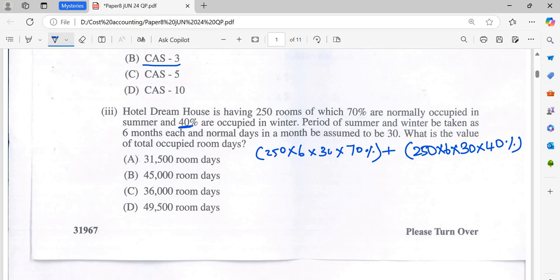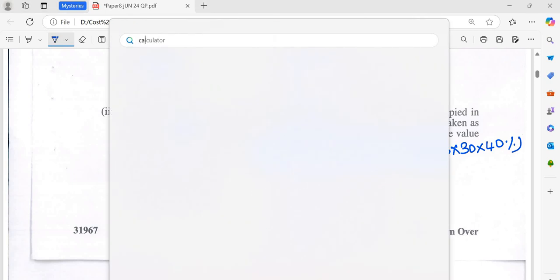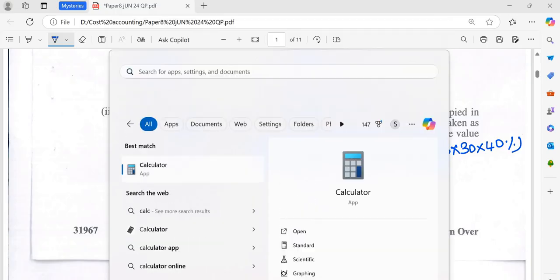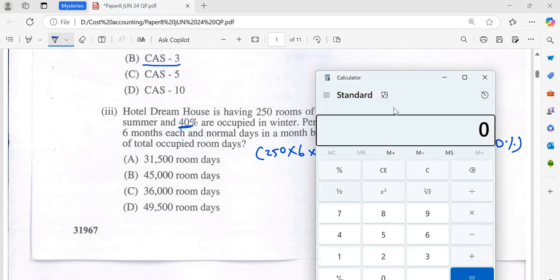So if I am calculating this, 250 into 6 into 30 days into 70%, so 31,500.